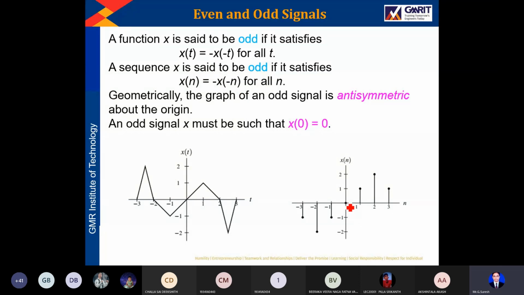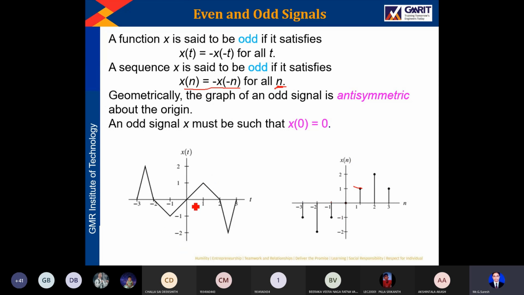For n equal to 1, the amplitude is 1. Then what about n equal to minus 1? It should be minus 1. N equal to 2, the amplitude is 2. Then what is the value at n equal to minus 2? It is minus 2. Like this, if x of n is equal to minus x of minus n for all n, then that signal is said to be odd.